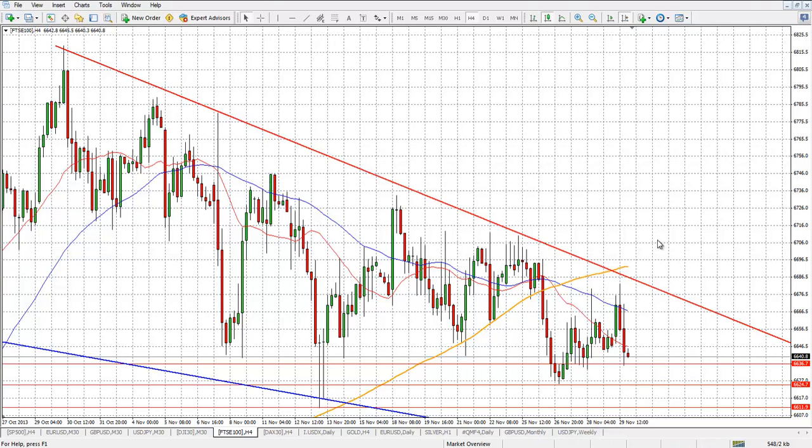Alternatively, if we break out higher, logical levels of resistance would be at this 50 period moving average, firstly here at 6646, followed by 6668, followed by this high 6682, and I would really like to see a breakout above 6700, and in that case this would be 6692, which is a 4-hourly 200 period moving average going higher.